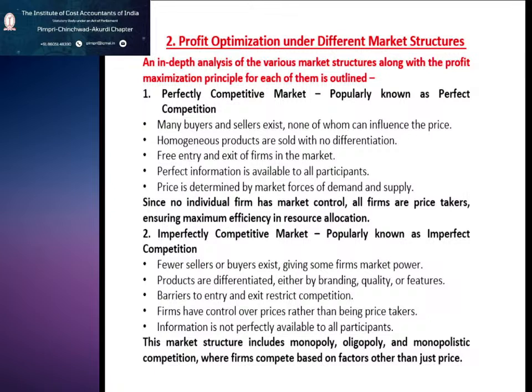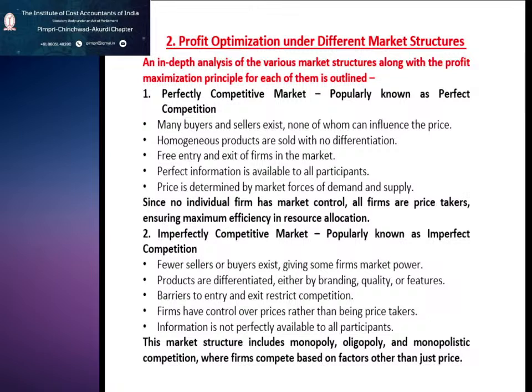Since no individual firm has market control, all firms are price takers, ensuring maximum efficiency in resource allocation. So that's how the perfect competition scenario is in a perfectly competitive market.